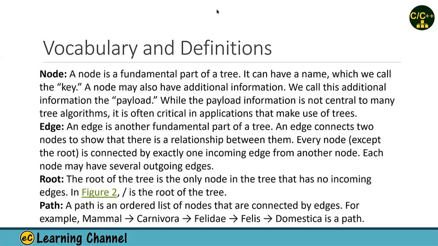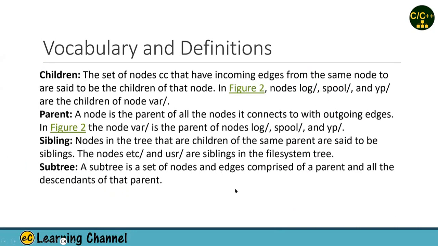So for trees, we talk about node, edge, root, and path. Path is from your root to a certain leaf or a certain node. How to get from the root to your node, that's called the path. Children are the nodes below you. Parent is the node above you. Sibling is someone who shares a parent with you.